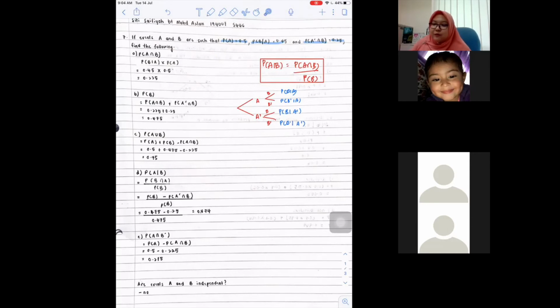So the question asks you for A intersect B. Okay, A and B. So for A and B, just find the branches for this A and B here. This is P(A). Right.